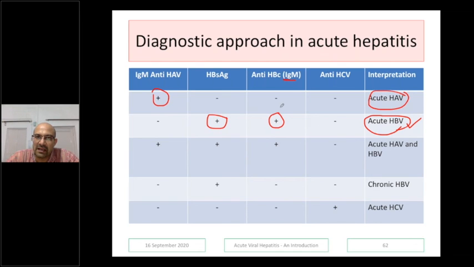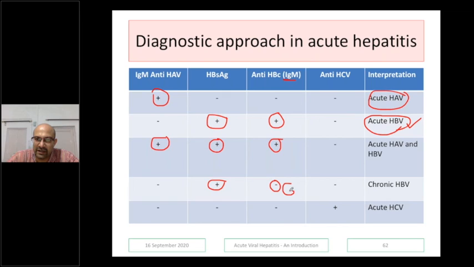If we look after some time, this will disappear and these will become IgG type of antibodies. Now, if A is also positive, hepatitis B surface antigen is also positive, and IgM type HB core antibodies are also positive, then we say the person has an acute hepatitis A as well as a hepatitis B virus infection. If we find that only HBs antigen is positive, but we don't find HB core antibodies of IgM type, what will we otherwise find?